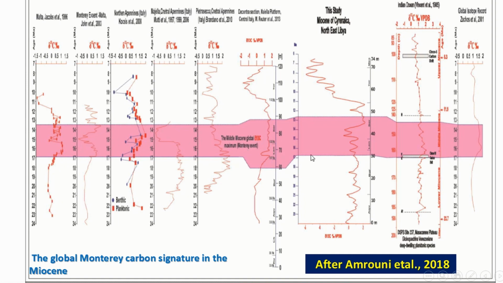And this colored zone is the middle Miocene high carbon excursion, which is known as the Monterey event. You can see here high organic excursion, proven in many different places.